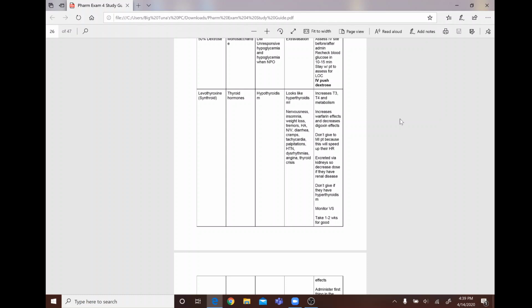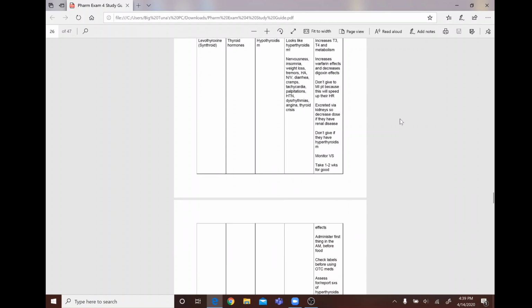Increases warfarin effects, but decreases digoxin effects. Don't give to MI patient because this will speed up their heart rate. Excreted via kidneys, so decreased dose if they have renal disease. Don't give to them if they have hyperthyroidism.